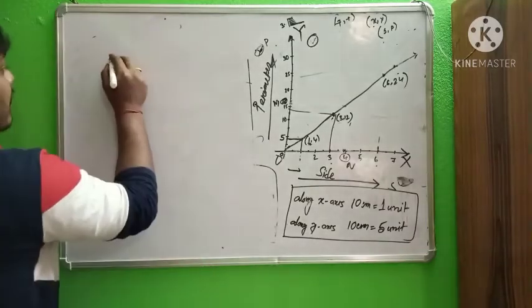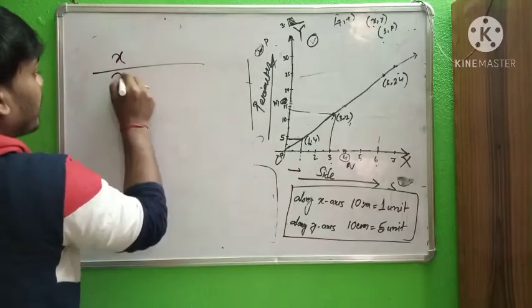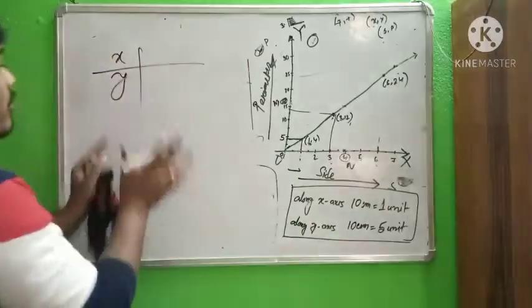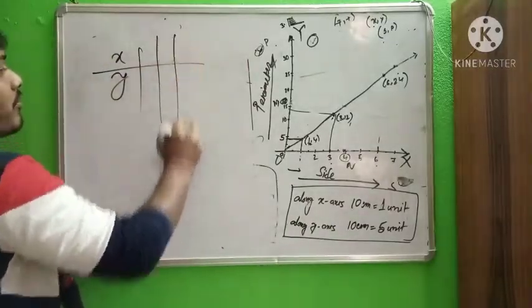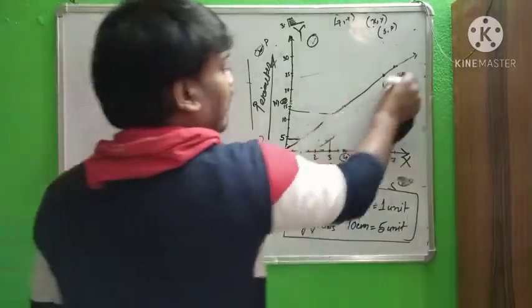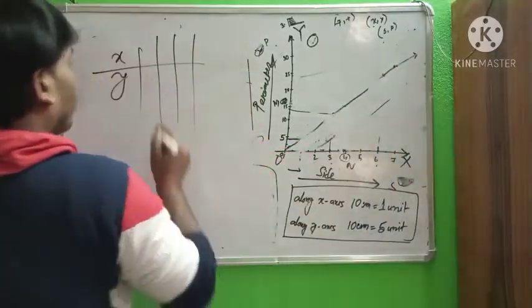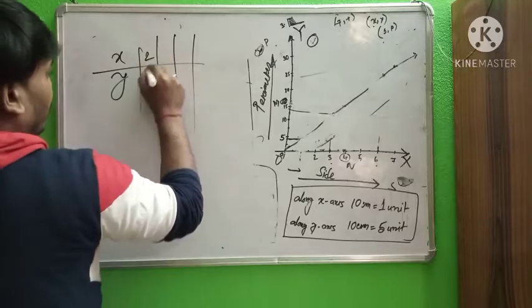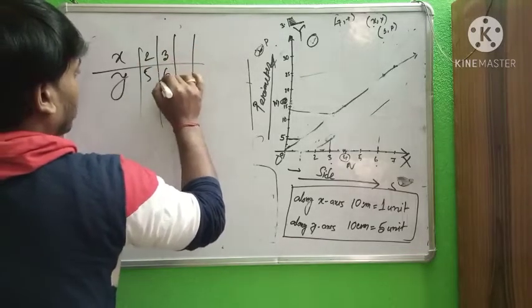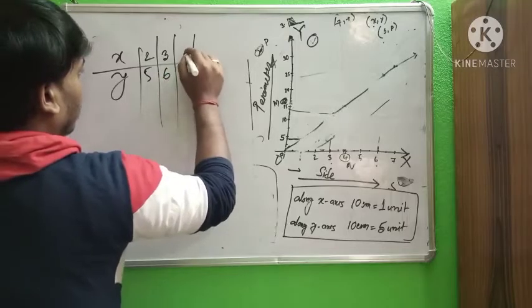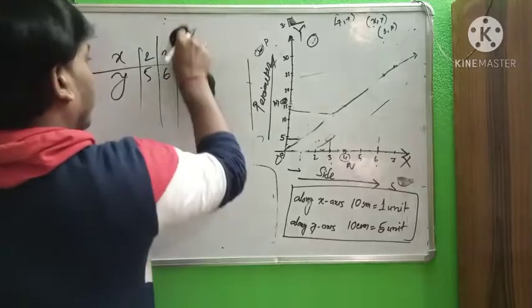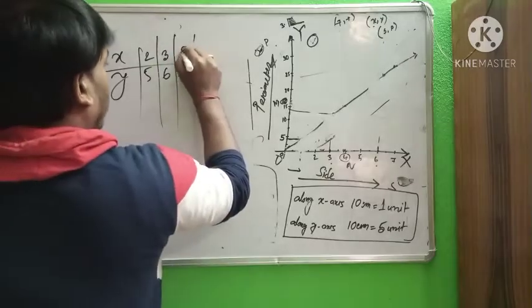So if another example is x y, give some graph, and from the line these types of coordinates will come: 2 5, 3 6, 9 12.